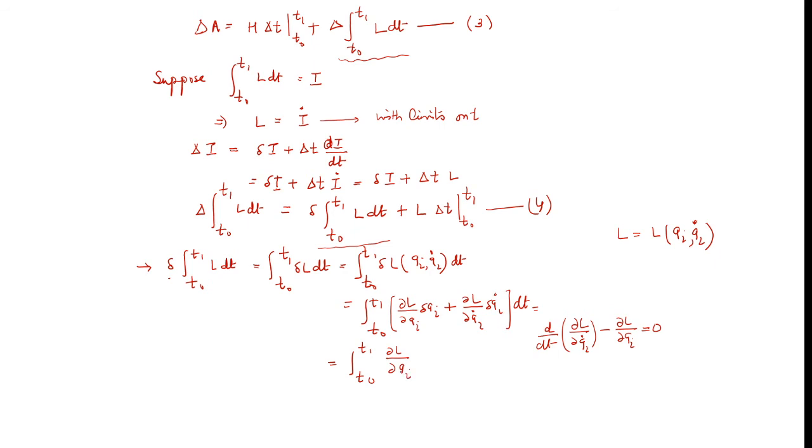I'll replace this by d/dt of ∂L/∂qi dot times δqi, and I'll write it as d/dt of δqi times ∂L/∂qi dot, because δqi dot is δ(dqi/dt), and in my previous lecture I told you that I may interchange the two operators.